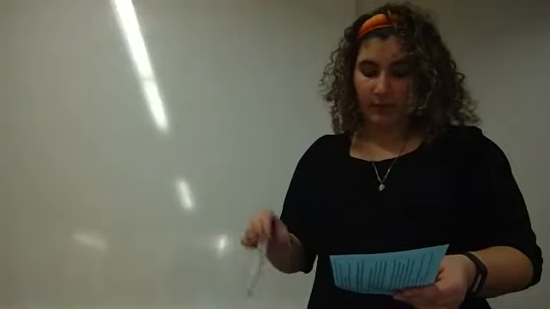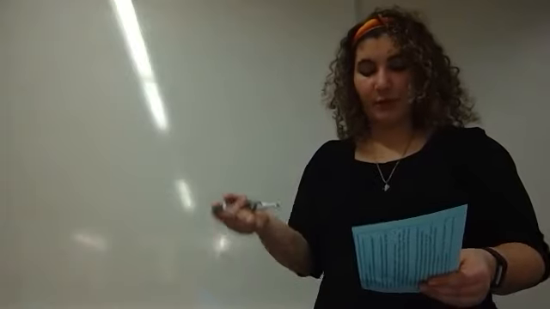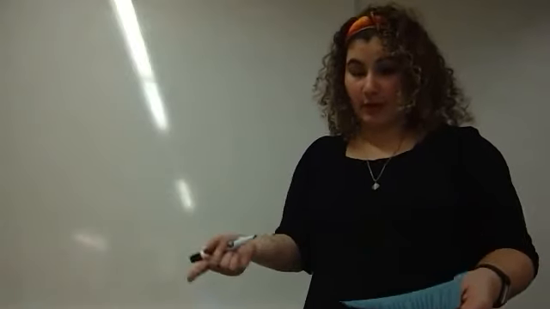Example, air is being pumped into a spherical balloon at a rate of 5 centimeters cubed per minute. What is the rate at which the radius of the balloon is changing when it has a diameter of 20 centimeters? Alright, so what's important here? We know the rate at which it's growing, and we know when we want to look at it, right?